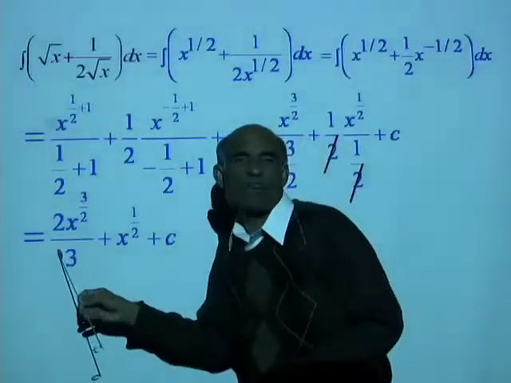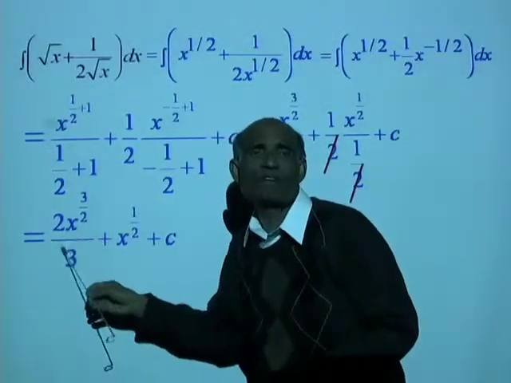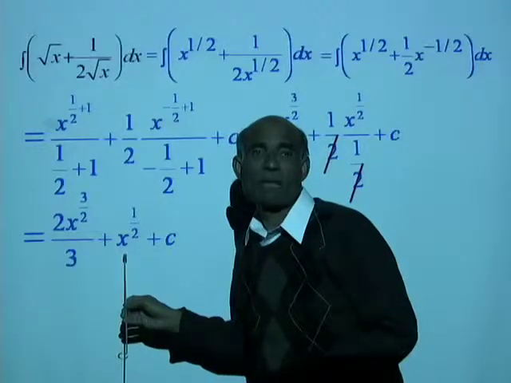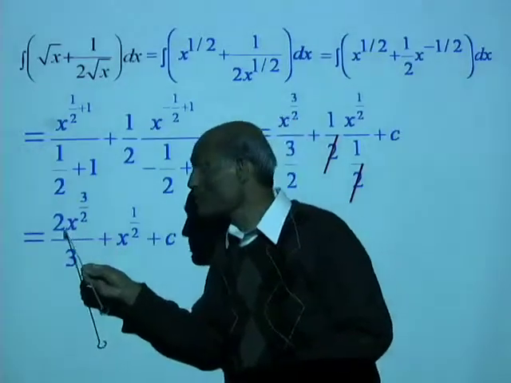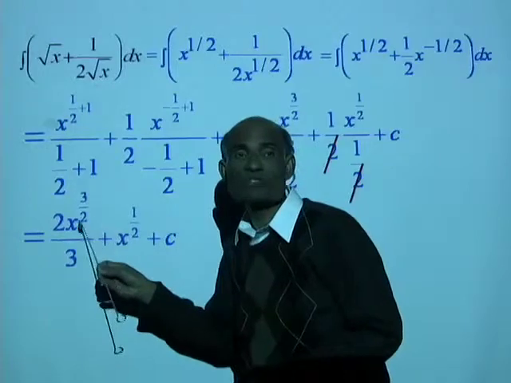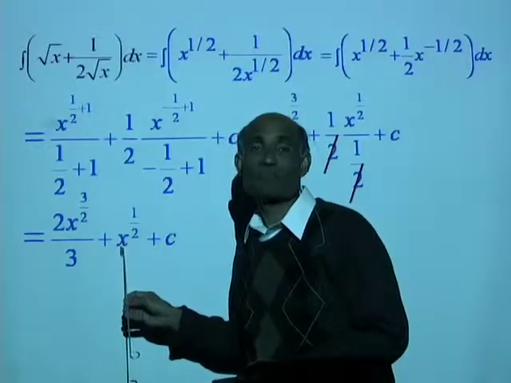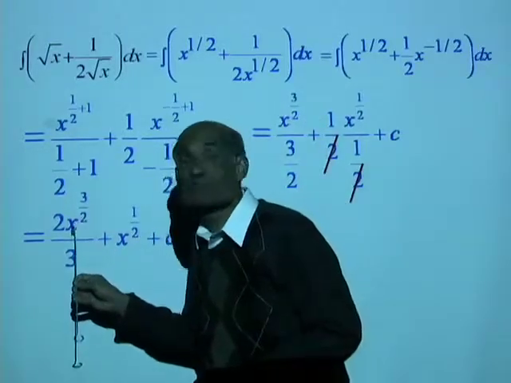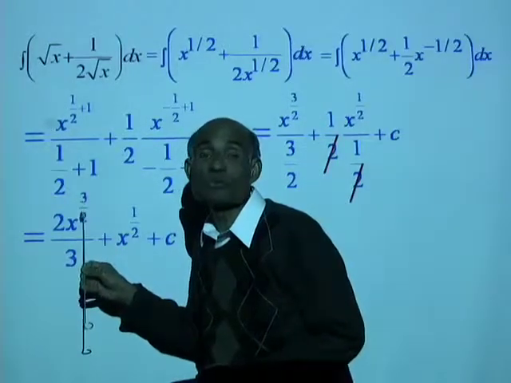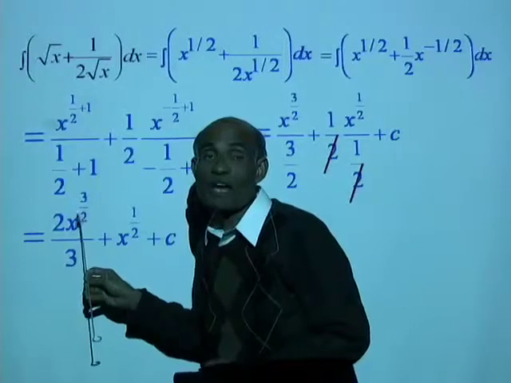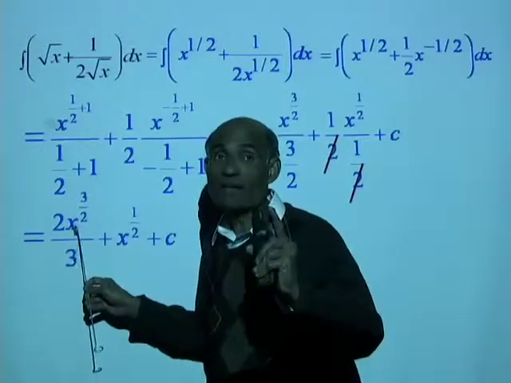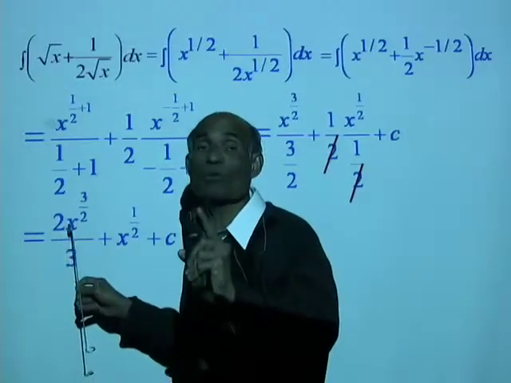Now, this is a rather shabby way of leaving an answer. The best way will be to try and factor out. Can you tell me what is common in these two terms? You must understand x to the power of 3 over 2 can be written as x to the power of 1 times x to the power of 1/2.